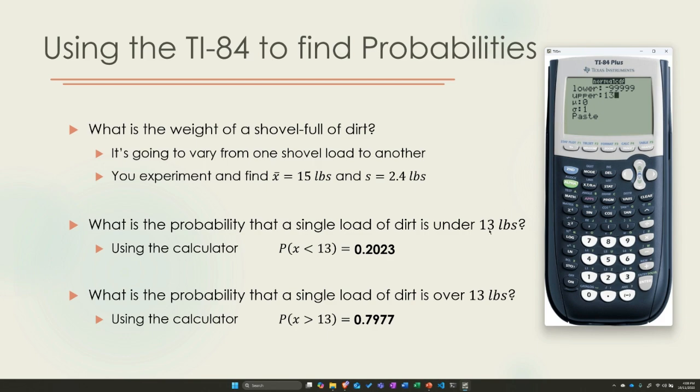But that 13 fits in the distribution with a mean of 15 and a standard deviation of 2.4. And you get the exact same probability. It will do all the calculations for you. And that's how to find probabilities of a normal distribution using a TI-84.